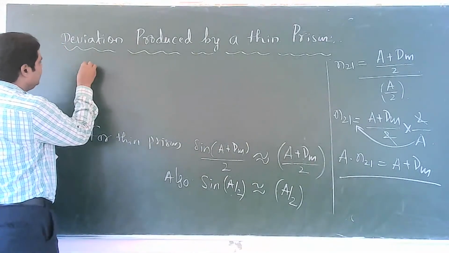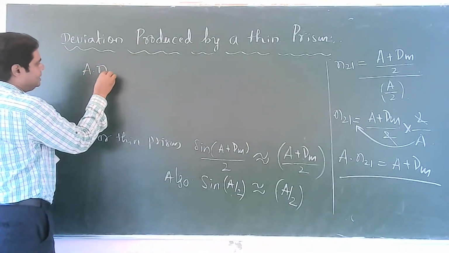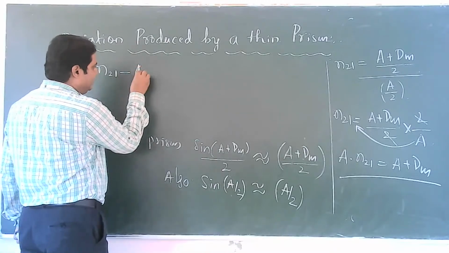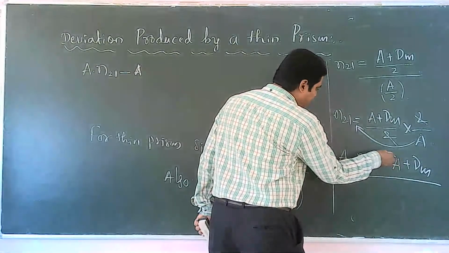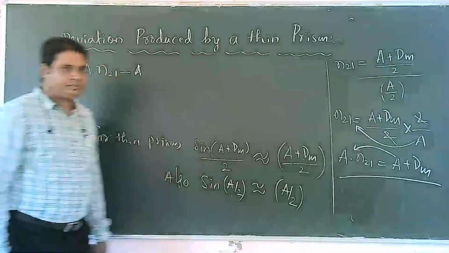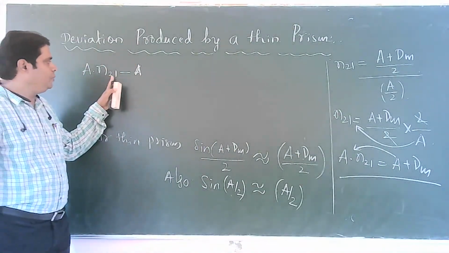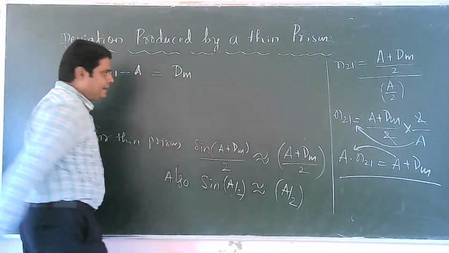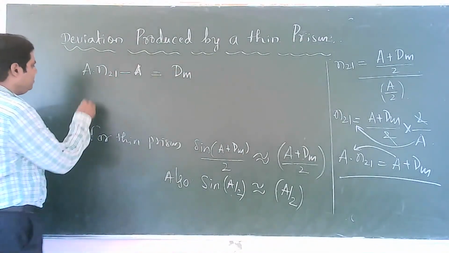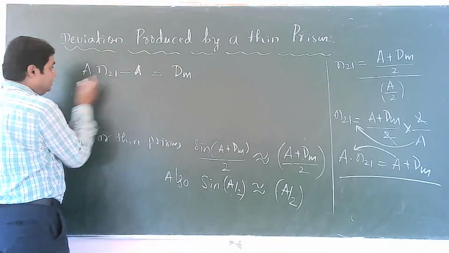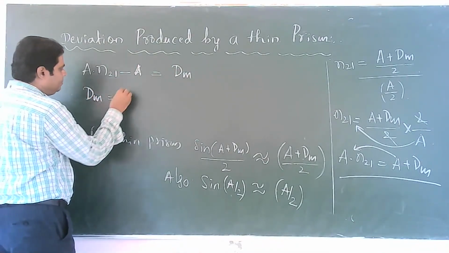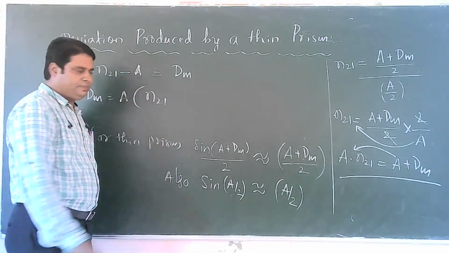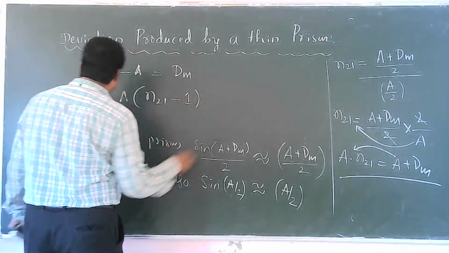I will write that equation as the refractive index of medium 2 with respect to medium 1 times A minus A. Let me transfer this A to this side. So A n21 minus A is equal to dm. Dm is equal to A into bracket, refractive index of second medium with respect to the first medium minus 1.